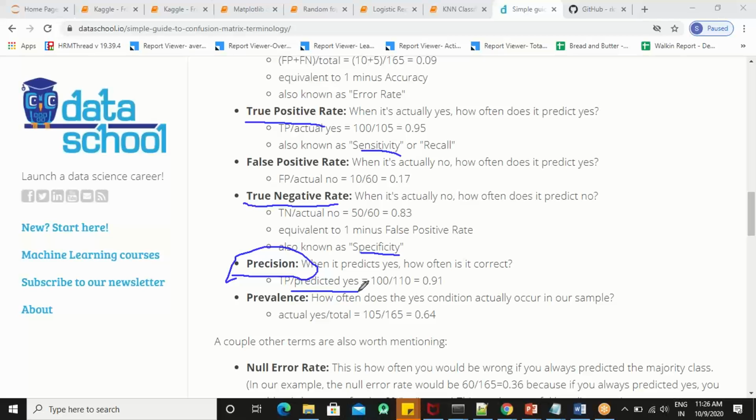You predicted certain things as yes, like तुमने इतने लोगों को बोला भैया तुम्हें कैंसर है, लेकिन उनमें से कितनों को असली में था? जितनों को तुमने बोला उसमें से असली में कितनों को था? ये अपने आप में एक और इंपॉर्टेंट पैरामीटर है, वो मेरे पास है 91.